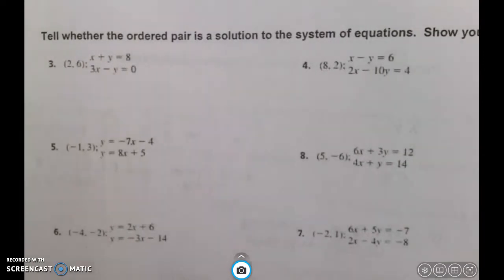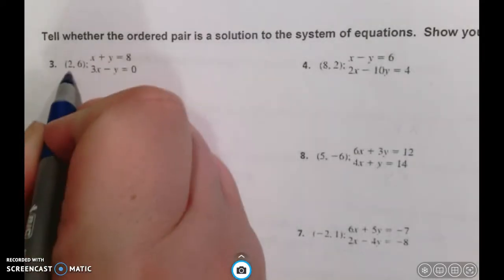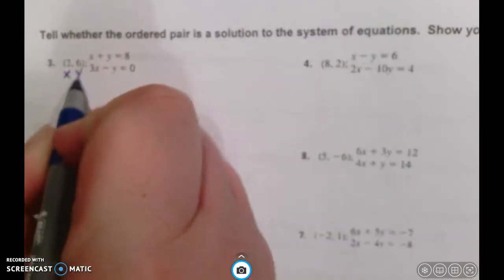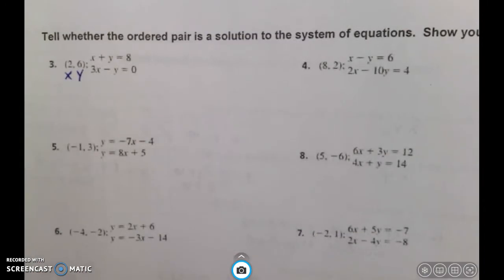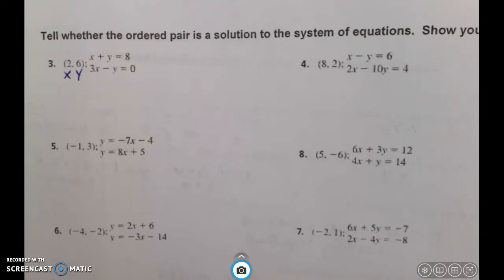So what you're going to do for each of these problems is substitute a value in for x and a value in for y from the given ordered pair and test to see if it makes the equation true. You want to make sure you're careful when you're substituting in a negative value to watch your signs with your operations, and whenever in doubt, if you want to substitute in parentheses, it'll help keep you from making mistakes.